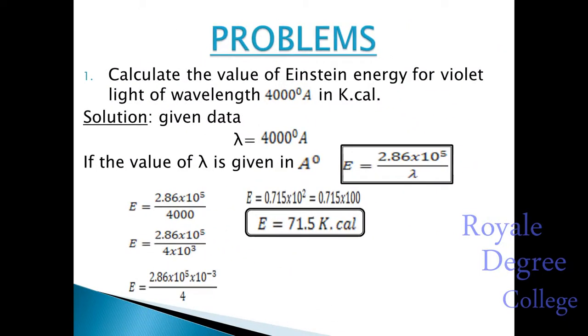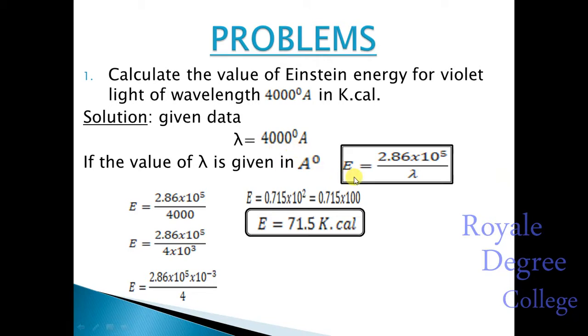Now we will see the problems. First problem is asking to calculate the value of Einstein's energy for violet light of wavelength 4000 angstrom in kilocalories. Solution is, given data lambda value is given as 4000 angstrom. If the value of lambda is given in angstrom, we are using this formula.